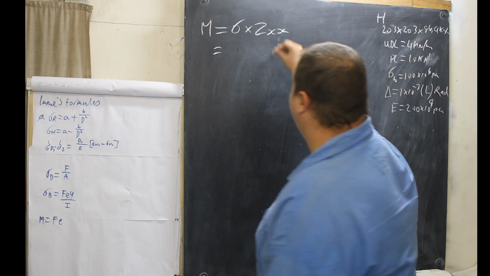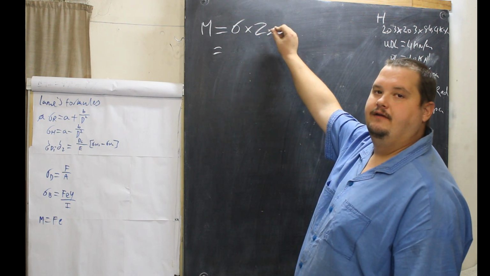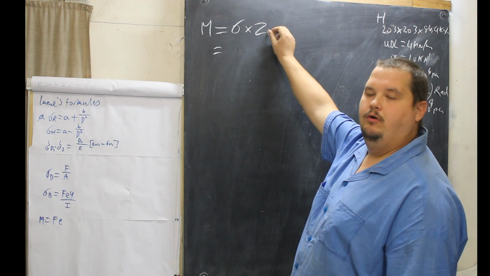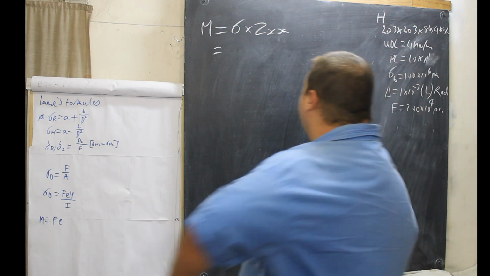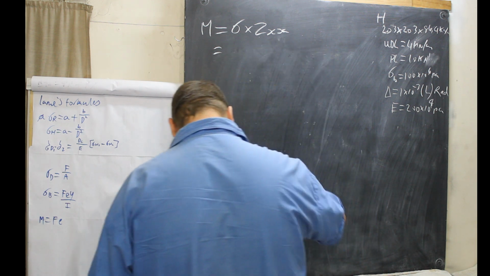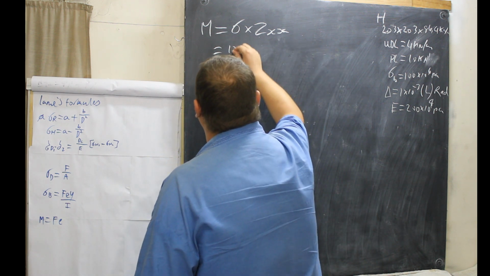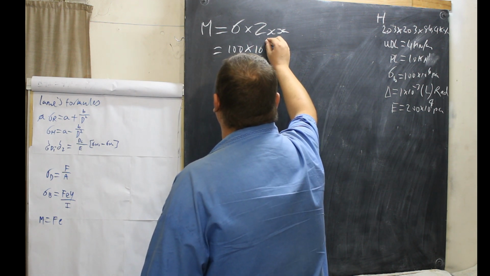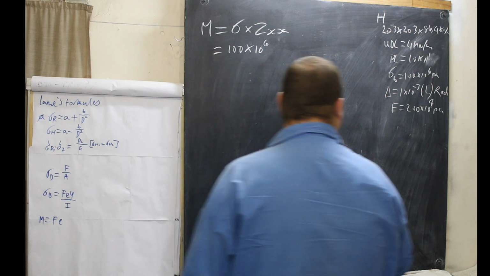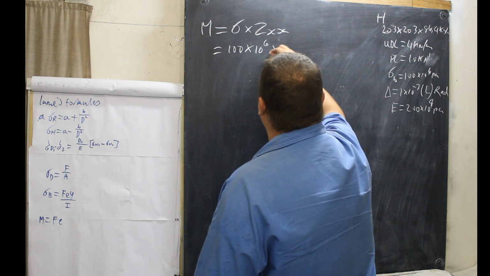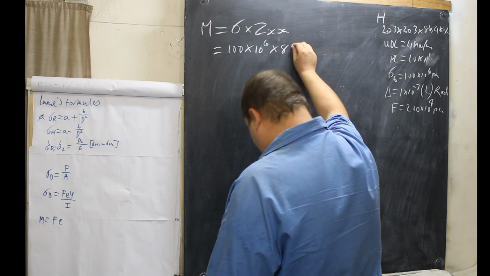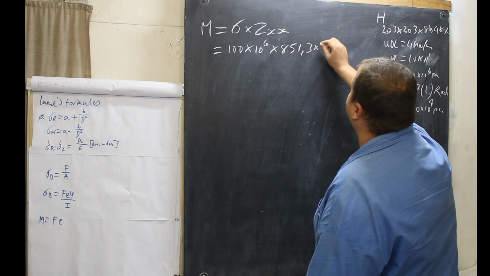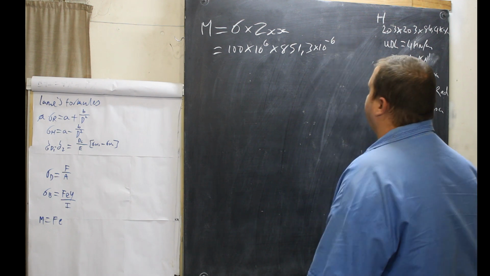So whatever value they say, if it's I, if it's Z, if it's H or whatever, we always deal with X. So now that's Z, so this equals 100 times 10 to the 6 times 851.3 times 10 to the minus 6.